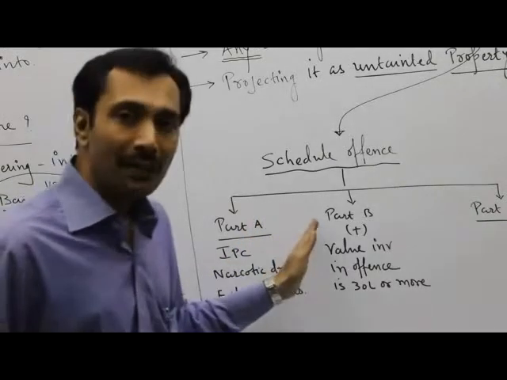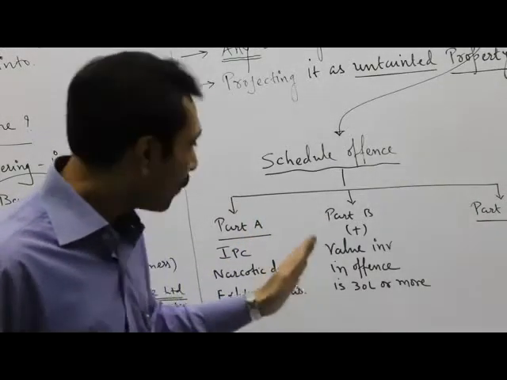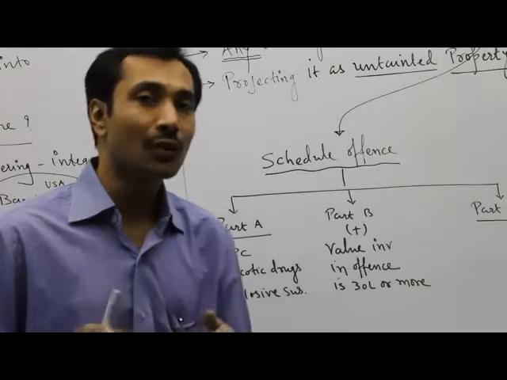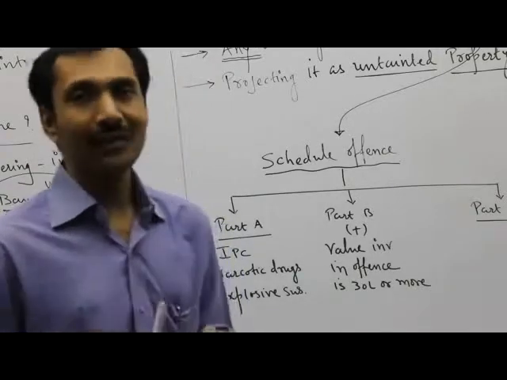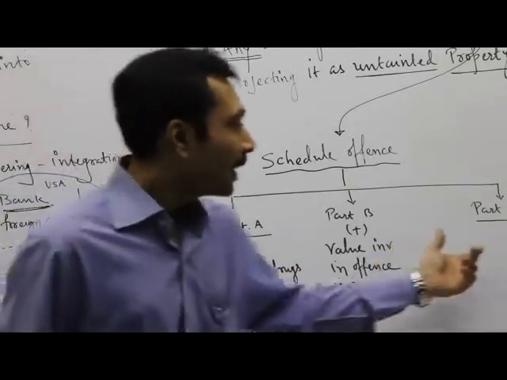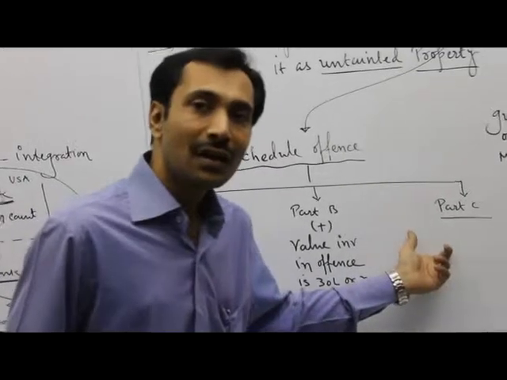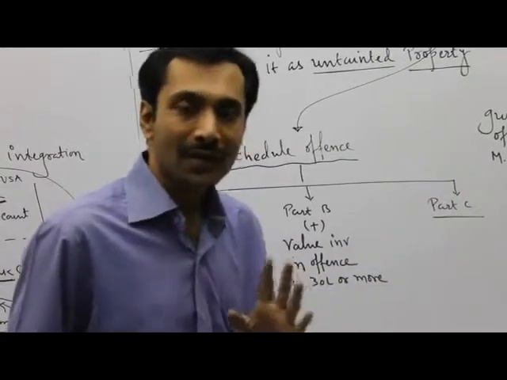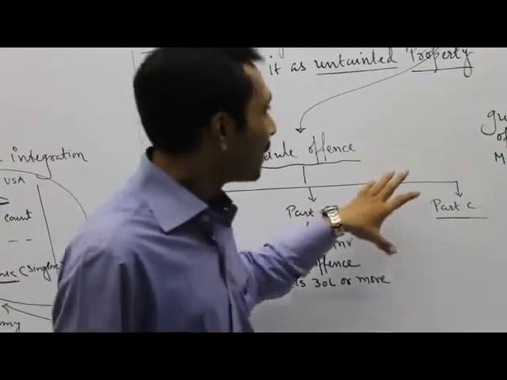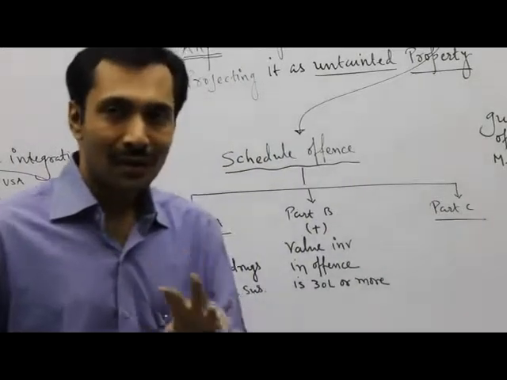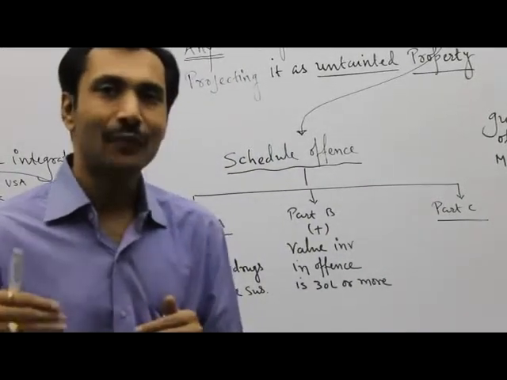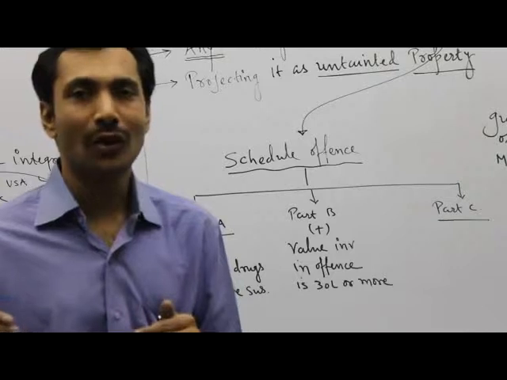If it is Part B and where the value of the offense is 30 lakh rupees or more, then it is a scheduled offense, and any kind of offense covered under Part C, right? So scheduled offense is the offense listed and provided in the schedule of the Act.